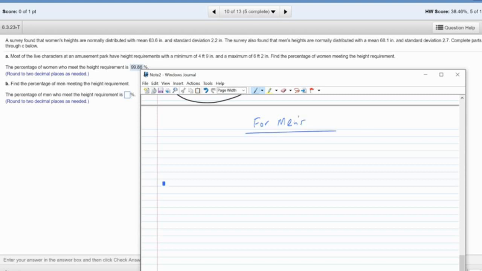So we have a normal distribution, where x is the height. For men, the distribution has a mean of 68.1 inches and the standard deviation is 2.7 inches.